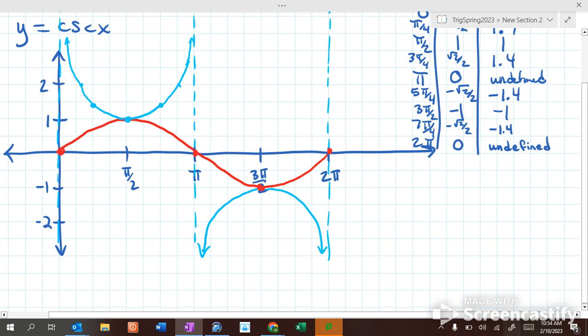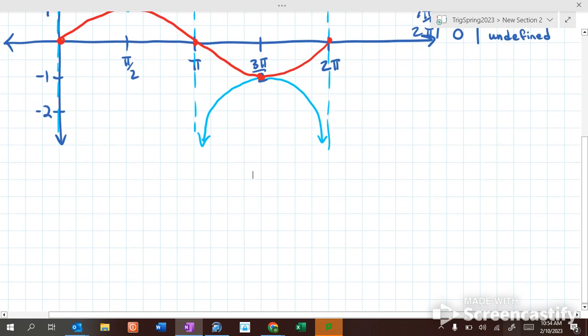Not just like that. That's bad. That doesn't get you points on the test. Okay. Now, do you understand the concept of this? Because of reciprocals. Okay. Now let's do secant.